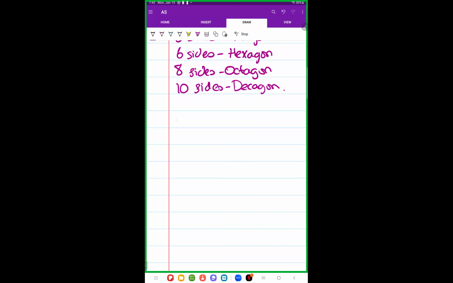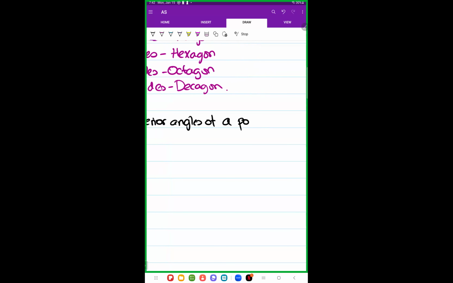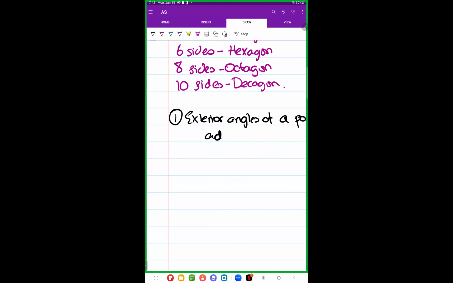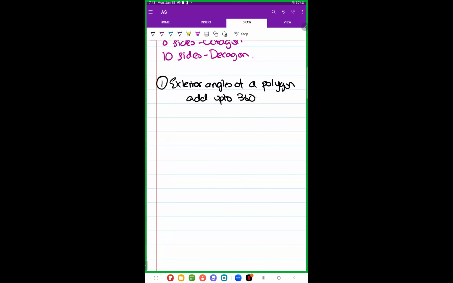So, number one, the exterior angles of a polygon add up to 360. Let's talk about what exterior angle means. For example, I have a shape like this. I have a pentagon, okay?